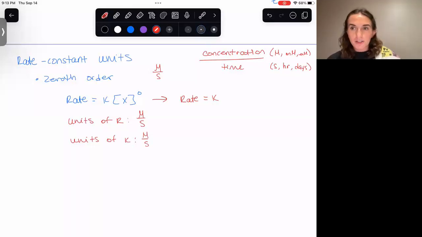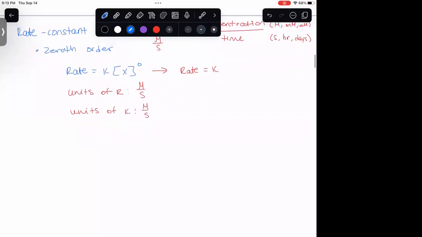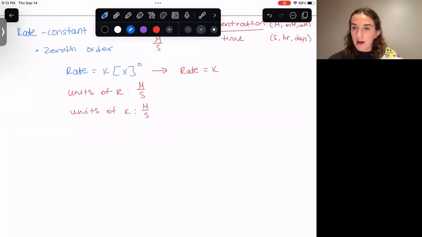There's no concentration that we're multiplying by, so the concentration has to come from that k. Isn't the rate still negative? Negative k? Here, no. For your rate law, it's just going to strictly be k.